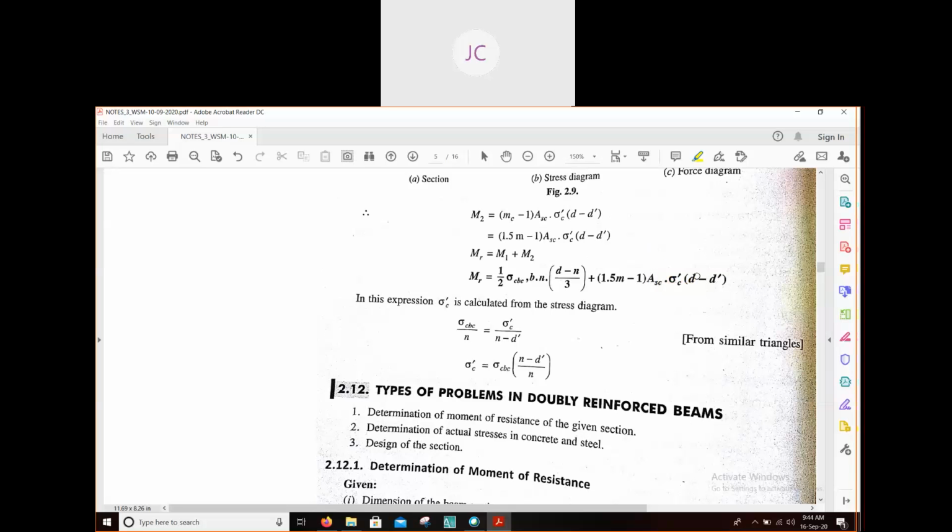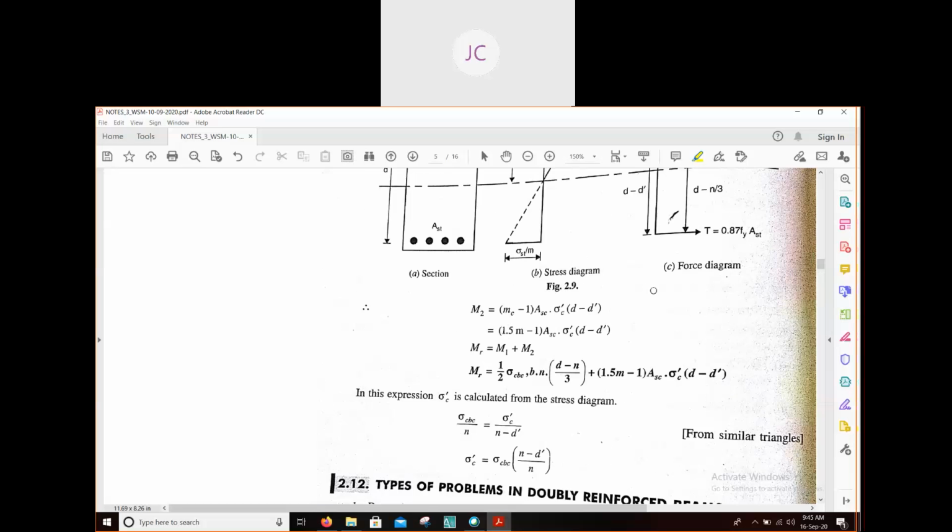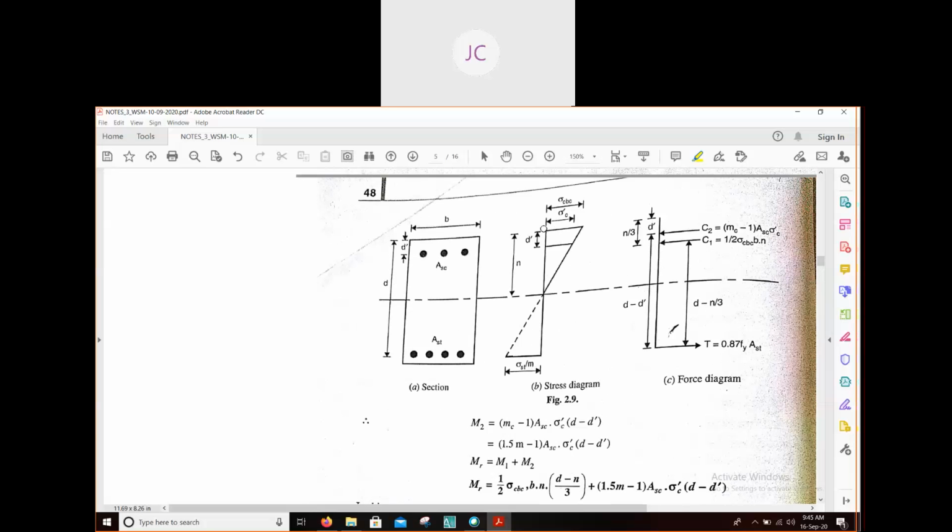But it is very easy to find sigma c dash by using the properties of similar triangles. Now you can see this is our stress diagram.